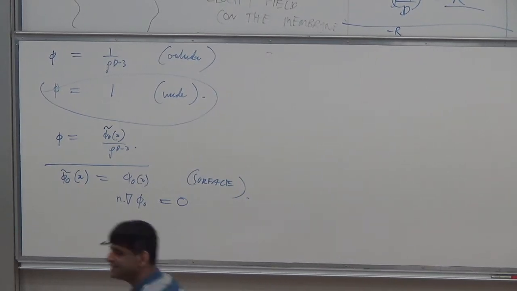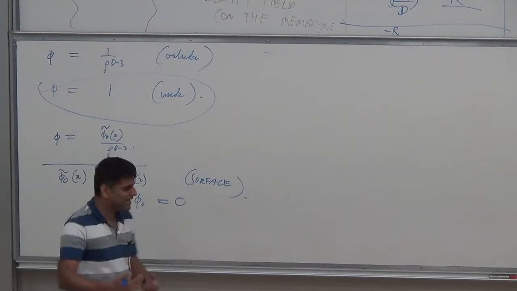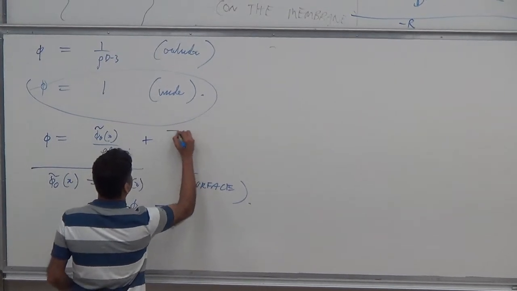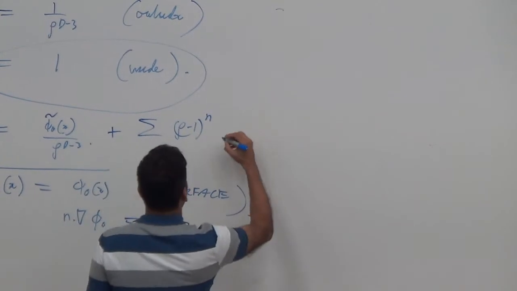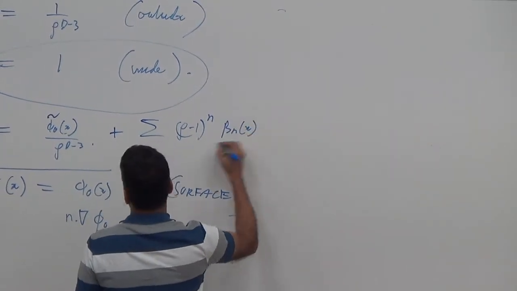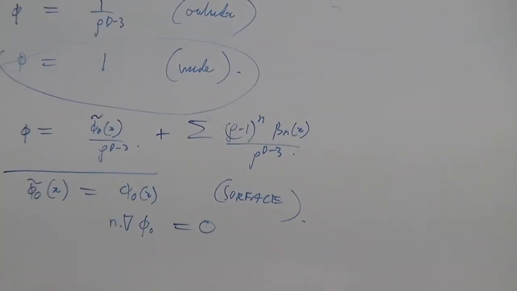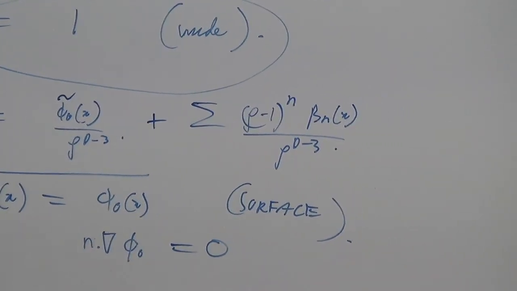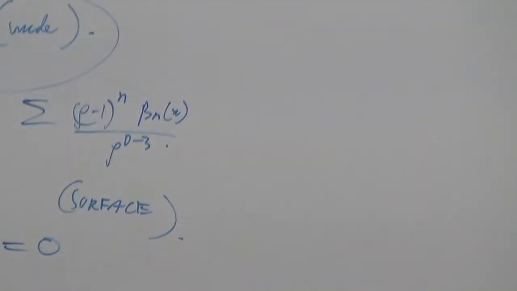Okay, so this is my guess for what the solution is. Now it turns out, when you think about it, that the correct solution is this plus a power series expansion of rho minus 1 to the power n times some, let's call it beta n of x, all divided by rho to the power d minus 3. Turns out this ansatz works, and you can correct it order by order in distance away from your membrane.